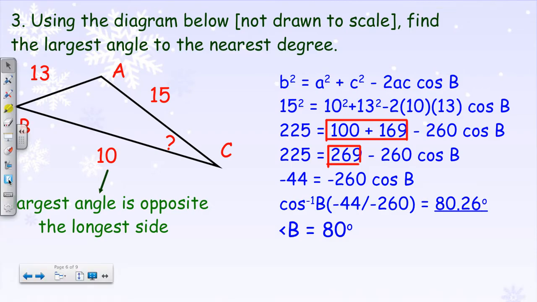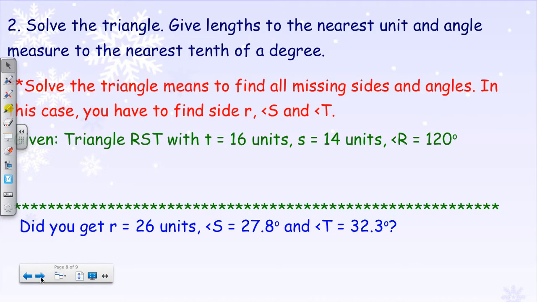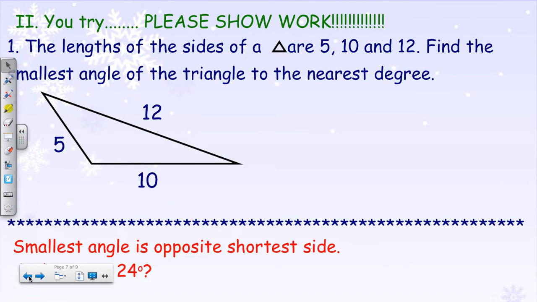So you are now going to try this problem and this problem. So these two are the only two I want you to try. Just let me double check. Yep. All right. So for the first one, it tells you the lengths of the sides are 5, 10, and 12.